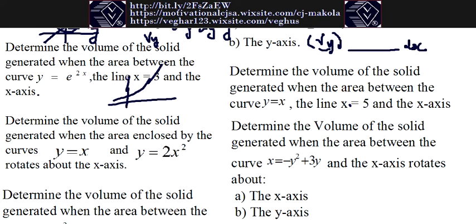So we have x equals 3, which means your strip must be here, because your boundary is here. Determine the volume. You're looking for a volume, and the equation is this one, which is the graph, and then the line, and then the x-axis. So you are looking for this.